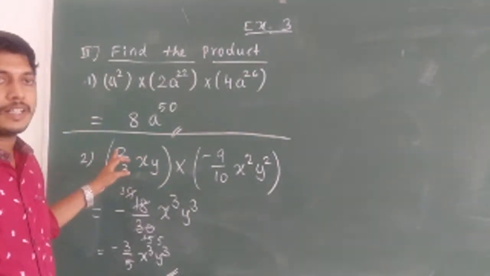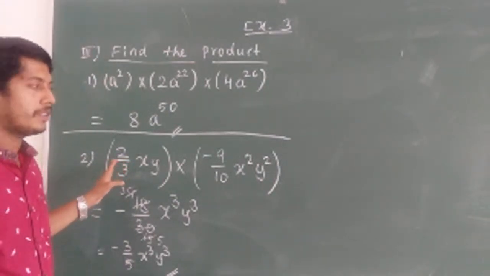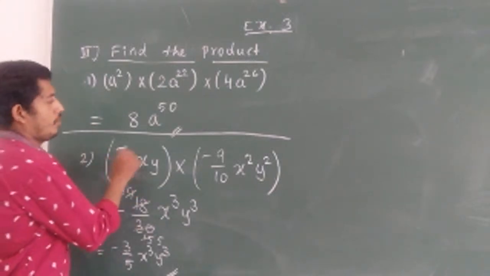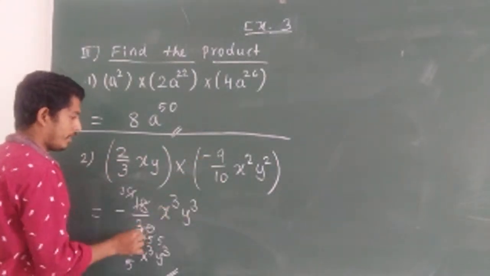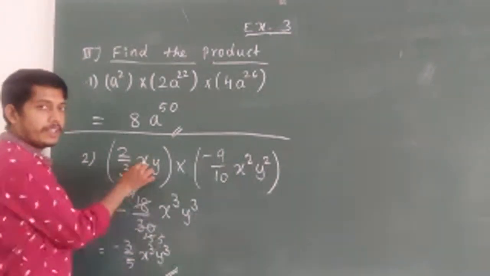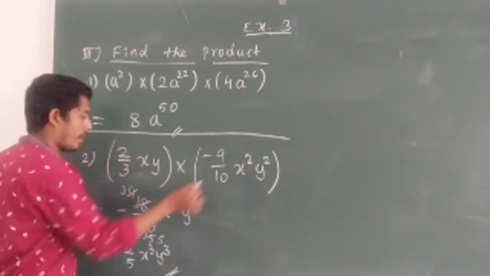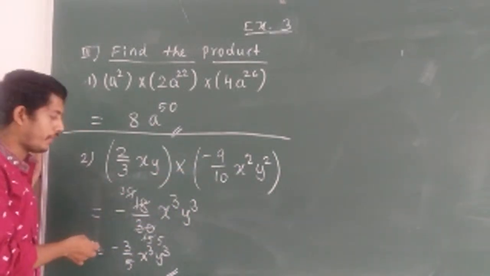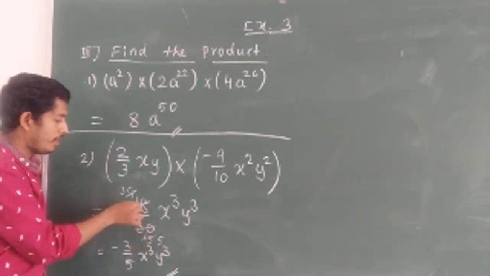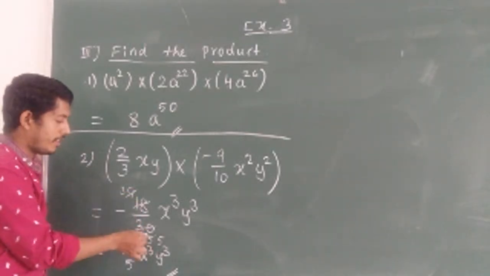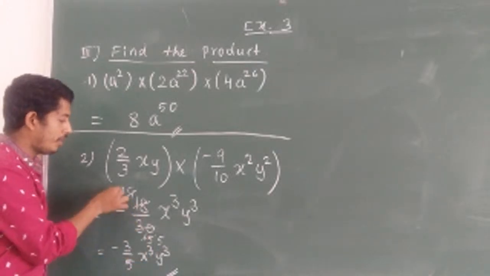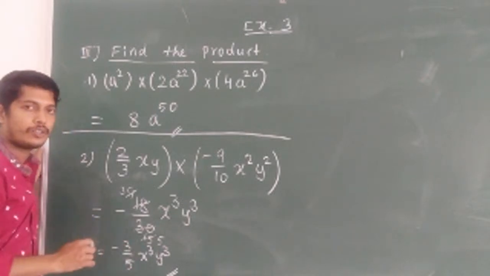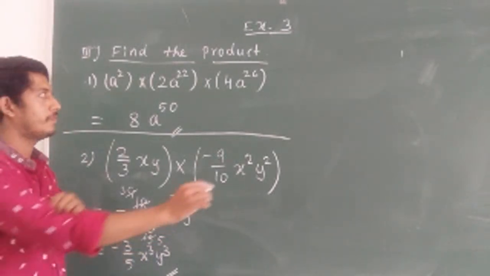Here the terms are in the form of p by q, so first we have to multiply the numerator value, then the denominator value. 2 nines are 18, 3 tens are 30. Then we have to multiply the variables of same base: x into x square becomes x cube, y into y square becomes y cube. Then if you want we can simplify this. 2 nines are 18, 2 15s are 30, 3 3s are 9, 3 5s are 15. So the answer becomes minus 3 by 5 into x cube into y cube. The next one.